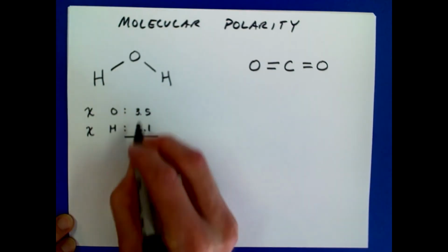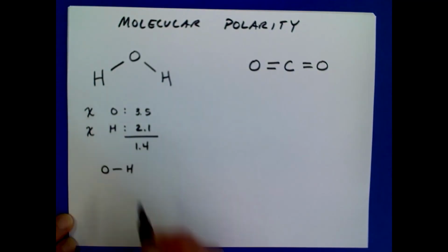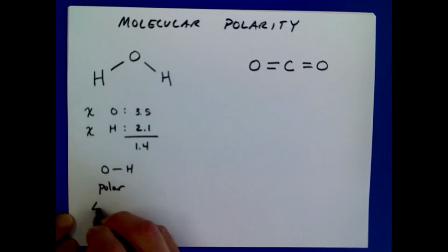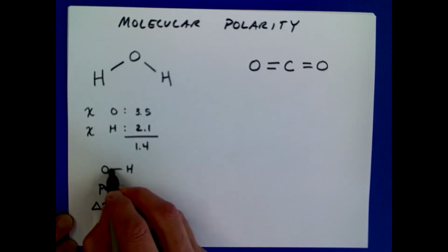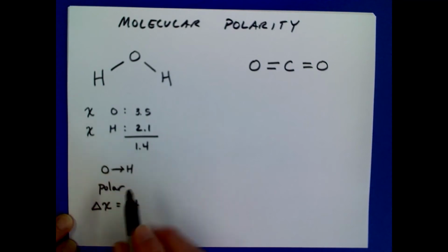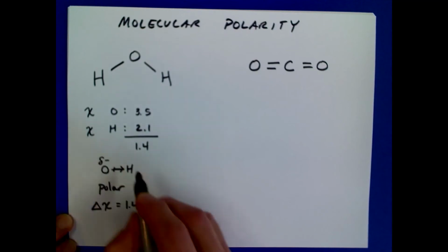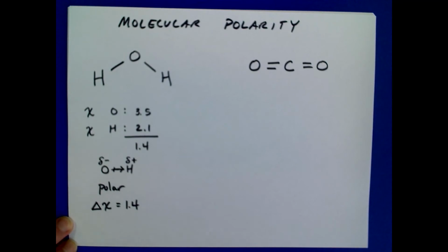The difference is 1.4. So any OH bond is going to be a polar bond with a pretty large difference in electronegativity of 1.4, and the dipole moment is going to point from oxygen to hydrogen, where the oxygen is going to be a little more negative and the hydrogen a little more positive.